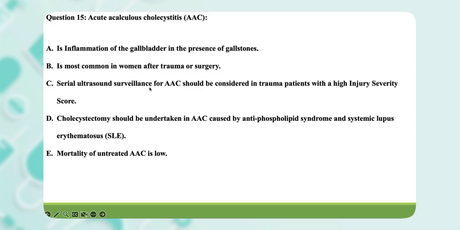Serial ultrasound surveillance should be considered in trauma patients with a high injury severity score. Cholecystectomy should be undertaken, except when caused by antiphospholipid syndrome and systemic lupus erythematosus, and mortality of untreated disease is high.